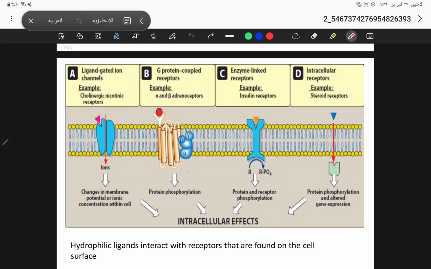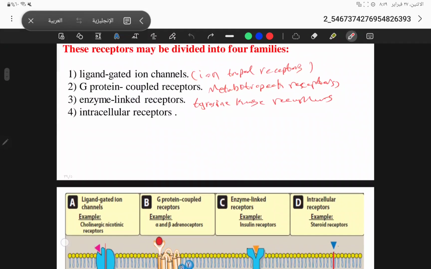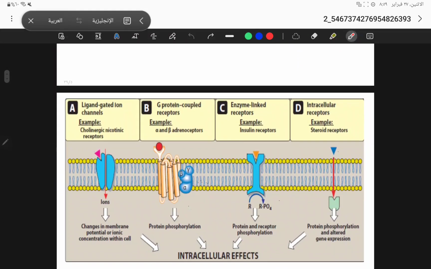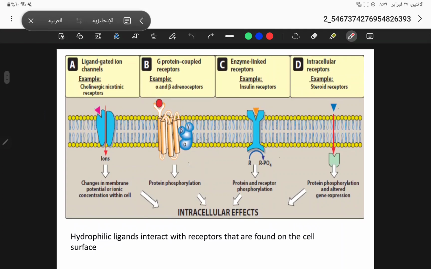The first one we named ionotropic receptors. What do we mean by this? I have here a channel, and this channel crosses the phospholipid membrane.